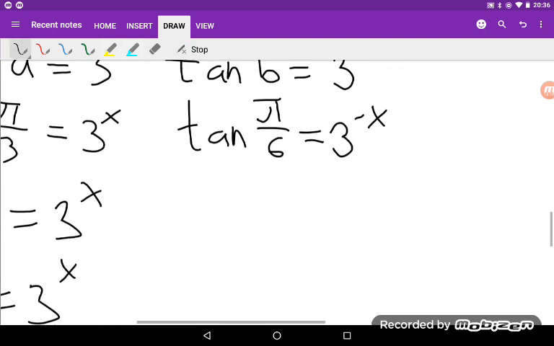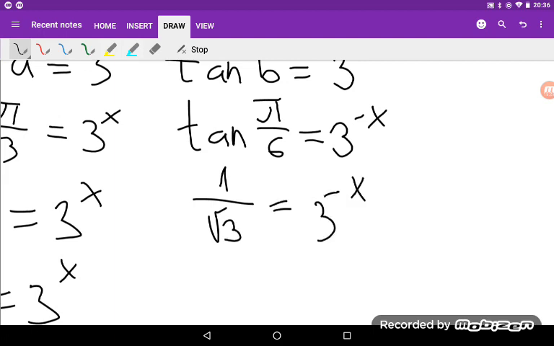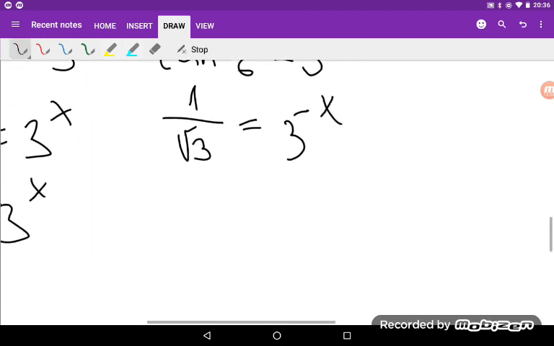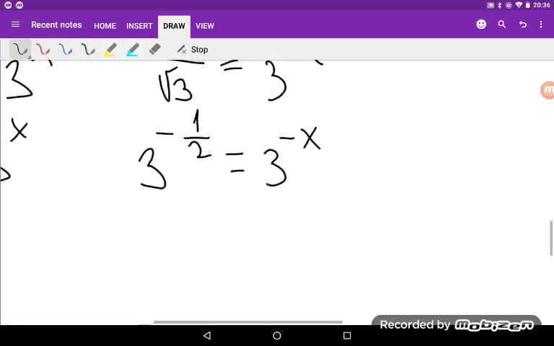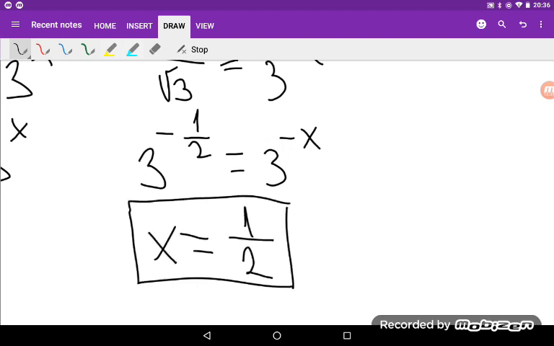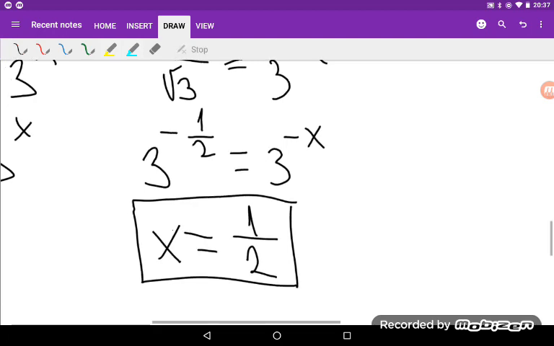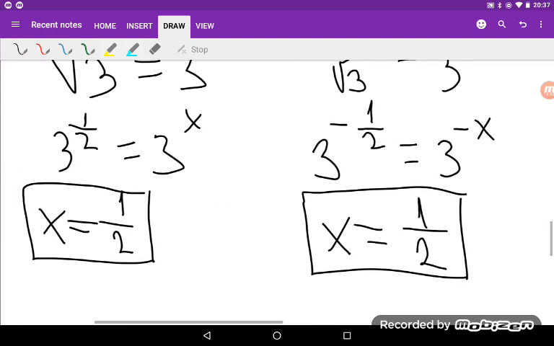Okay, so this will be 1 over square root of 3 is 3 to the negative x. Okay, and this will be 3 to the negative 1/2 is equal to 3 to the negative x. So again we have x is equal to 1 over 2 or 1/2. Okay, so this was the second method.